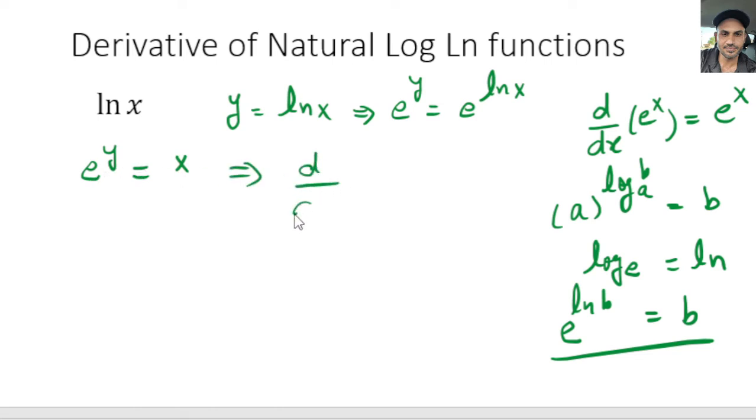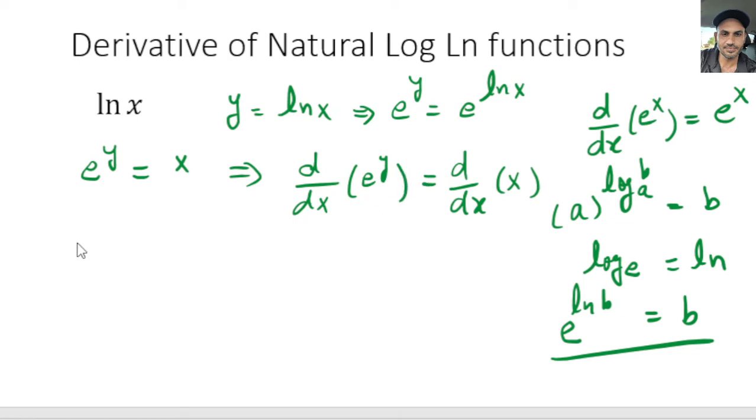Now we can take the derivative on both sides. d over dx of e to the y equals d over dx of x. Here we use the derivative of e to the x, but this one is e to the y, so it's going to have another term, which is dy over dx. We have to take the derivative of this y as well.